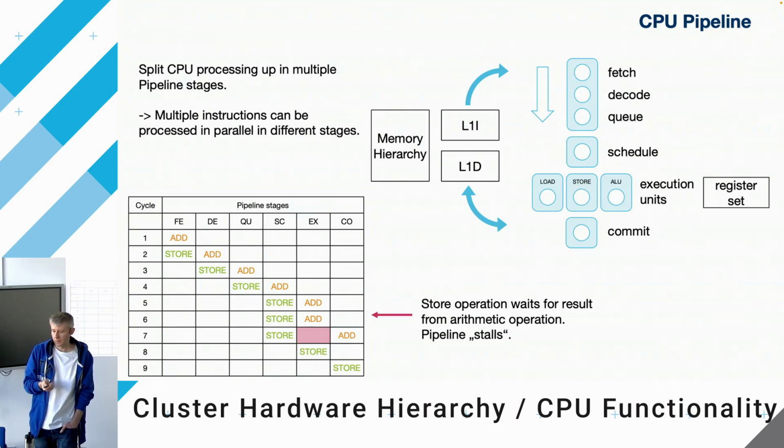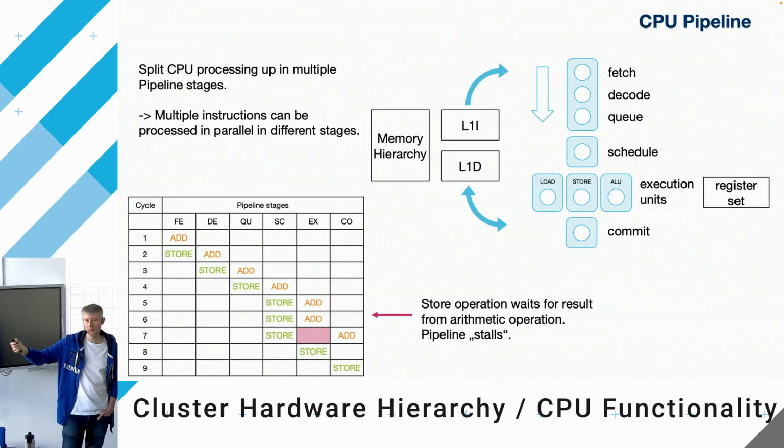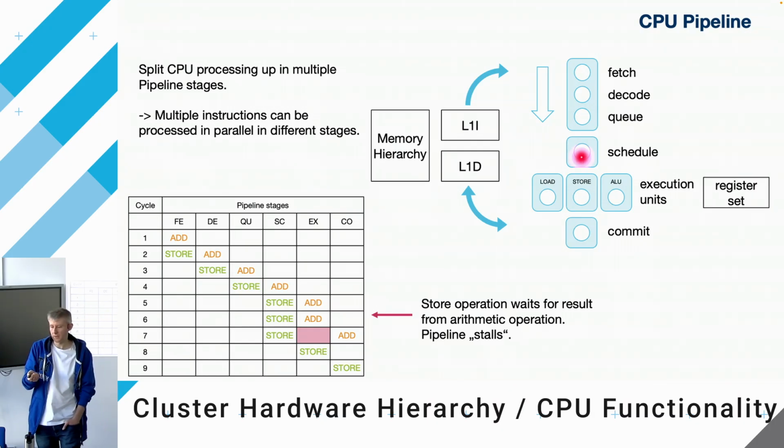Therefore, the green bubble here has to wait until the add instruction is finished, is committed, because there's a dependency. It needs the result of the add instruction to be executed. Therefore, it has to wait in the schedule stage. So it has here a red place in our diagram, in our table of the cycles.